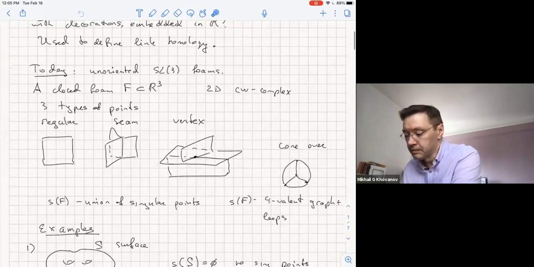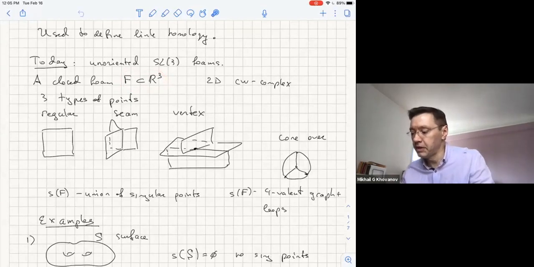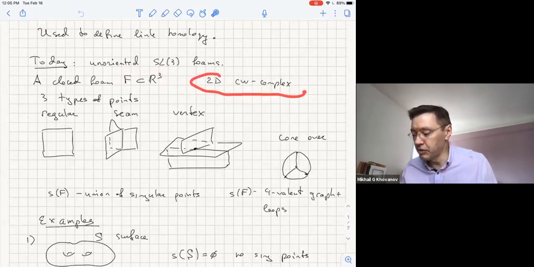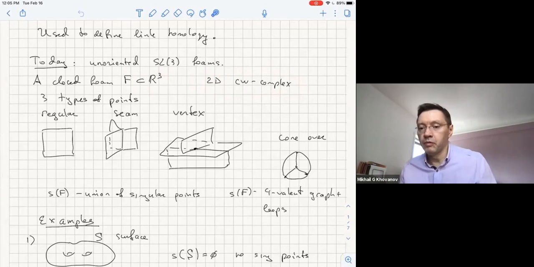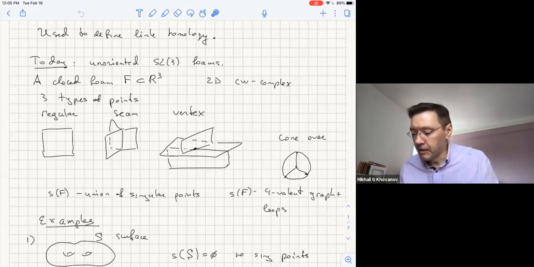So we have a closed form F in the free space. What does it mean? It's a two-dimensional CW complex with generic singularities. What do we mean by generic singularities? We allow points of three types.